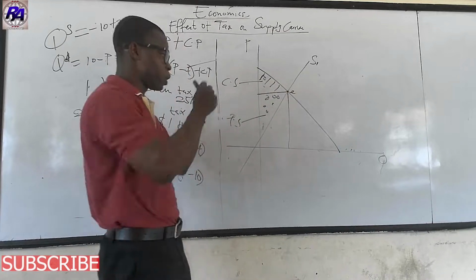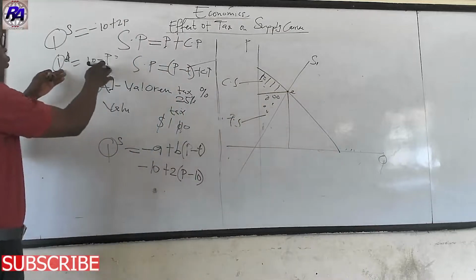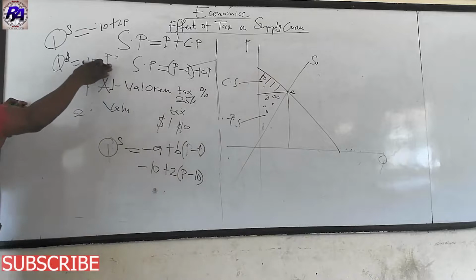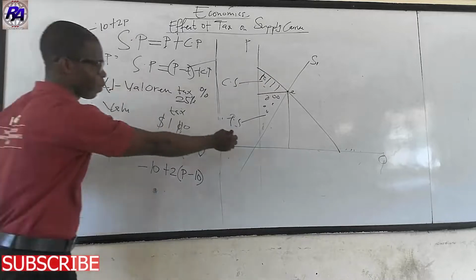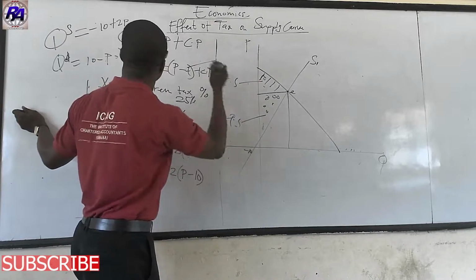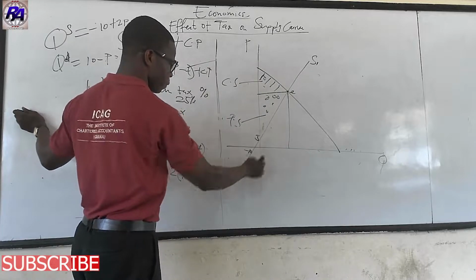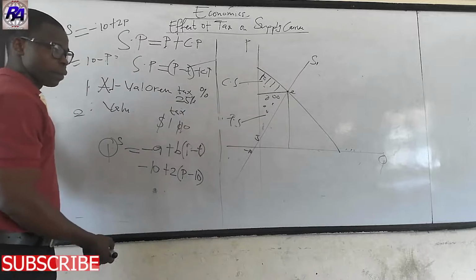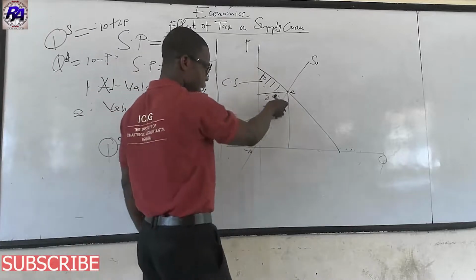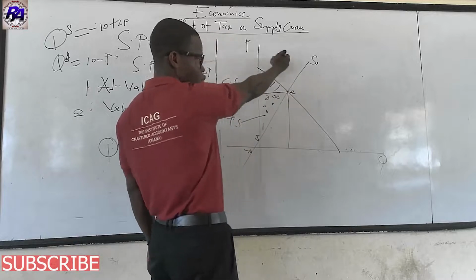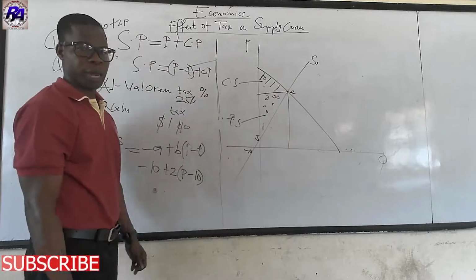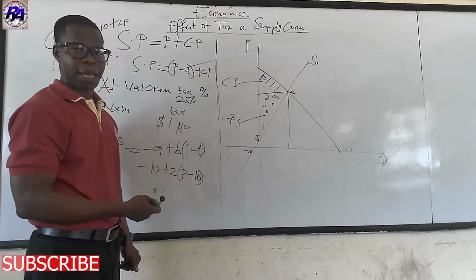If there is an imposition of tax, it will lead to a decrease in our supply curve. So if this is our original, this place will be negative 10, and then this place will be 5. So there will be a decrease. Imposition of tax will lead to a shift of our supply curve upward, in other words, a decrease in the supply quantity.